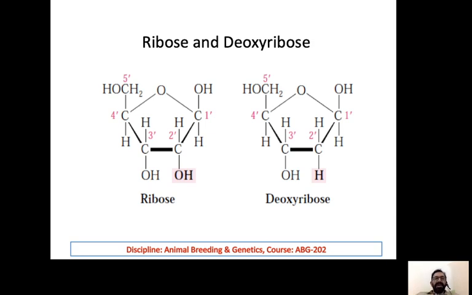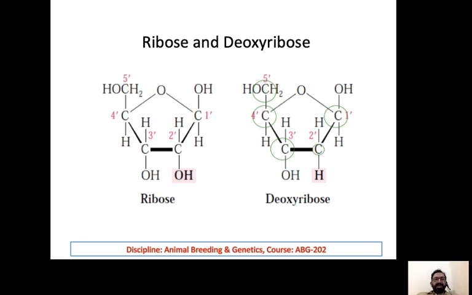You can see it has five carbons, which I'm showing with the green circles: 1, 2, 3, 4, and 5. Similarly, with the deoxyribose, again there are 5 carbons: 1, 2, 3, 4, and 5.